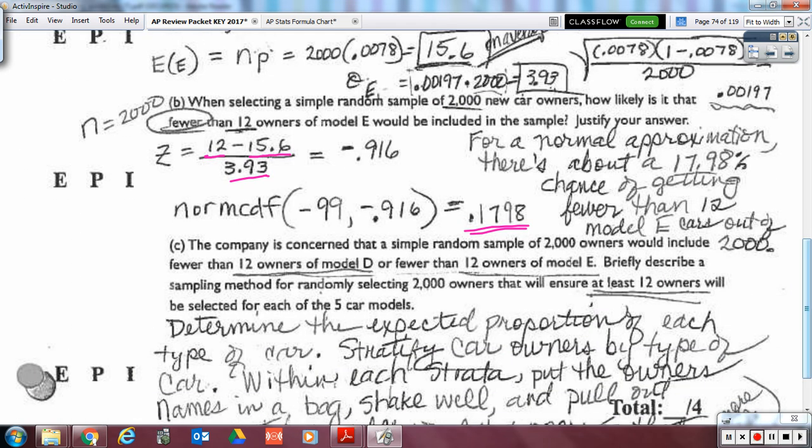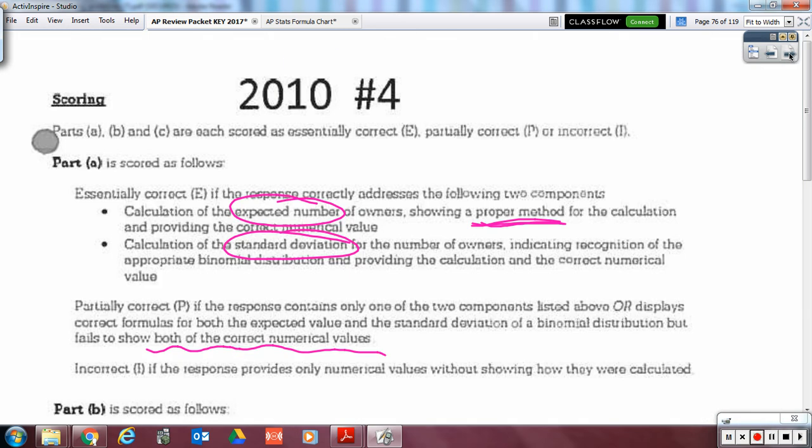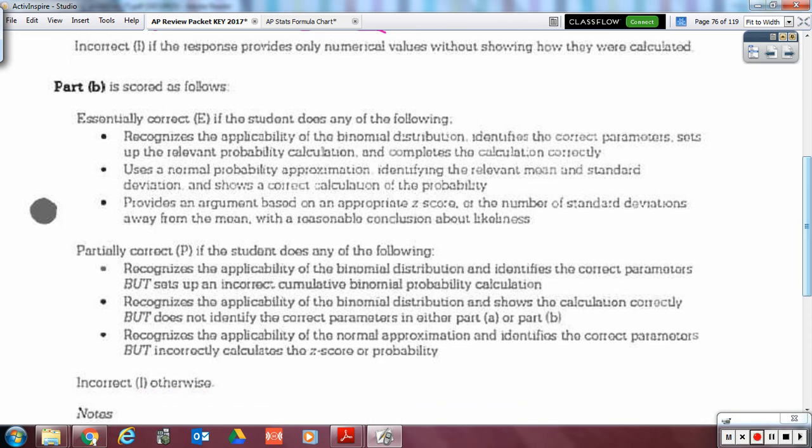They accept either. So let's look at the grading guidelines. They say on part B, it's essentially correct. You recognize that it can be the normal distribution, identify the correct parameters, and set up the probability and calculate correctly. Or you can use the normal probability approximation by identifying the mean and standard deviation, and you show the correct probability. So your formulas here, we're going to go with having done that.